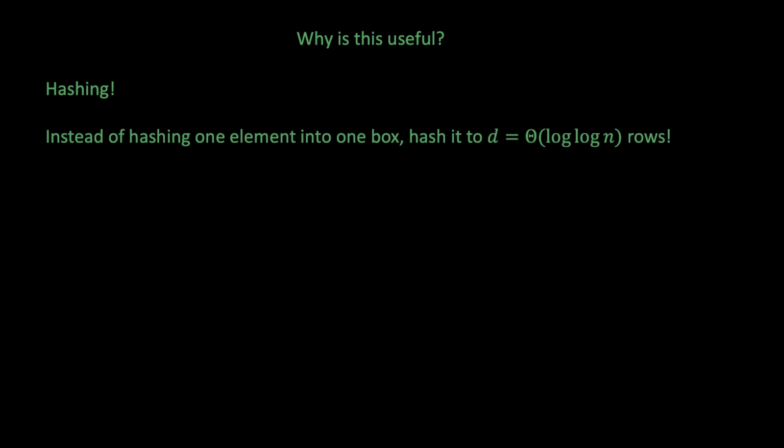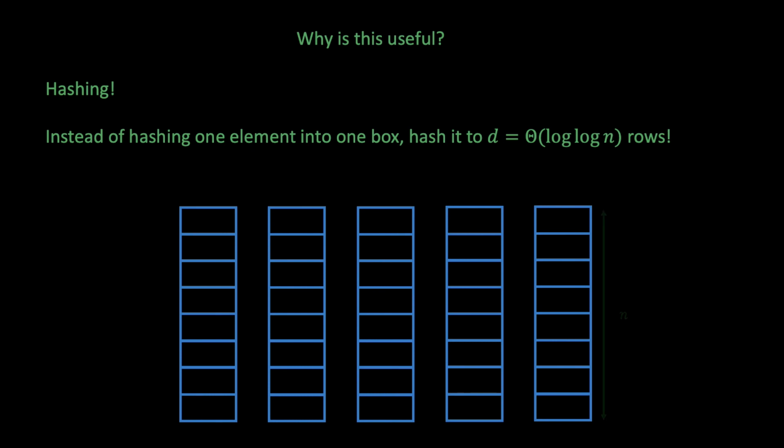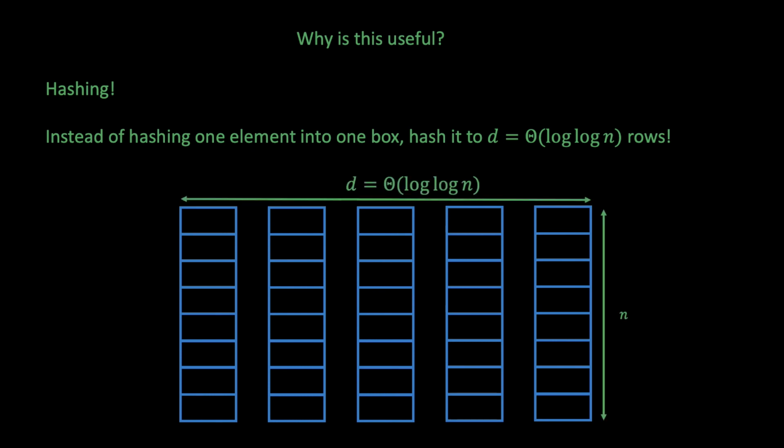Now, why is this game useful? Well, it turns out that this is super useful for hashing. Instead of the classical way where we hash one element into one bin and get a lot of collisions, we can instead hash them into Theta(log n) different bins, each of length n.